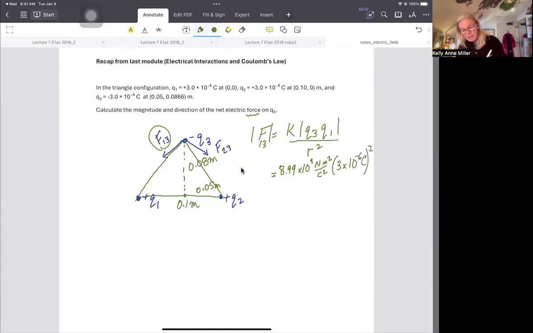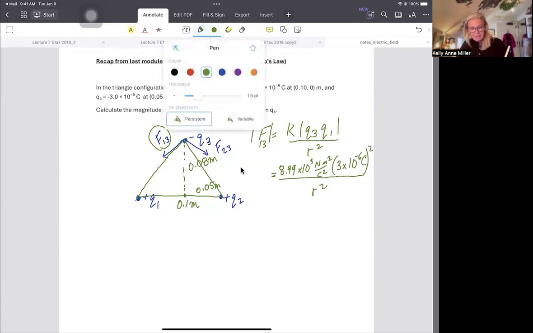And then we would divide that by the distance separating them, which is, well, we need to calculate that. Sorry, I got ahead of myself. So we need to calculate that distance.